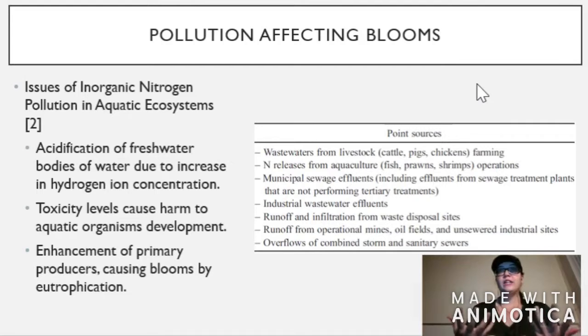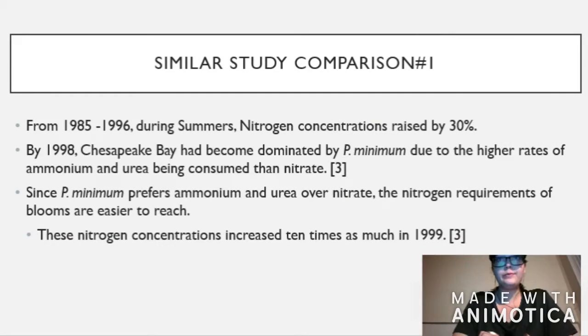So where does this pollution come from? Well, it comes from us, unfortunately. As you can see here, there are a lot of point sources where nitrogen can come from. This includes wastewater from livestock and releases from agriculture and many other examples. Now, this study not only introduces the fact that nitrogen has increased by 30% in our waters, but it also talks about how that affects P. minimum and how P. minimum affects our waters as well.